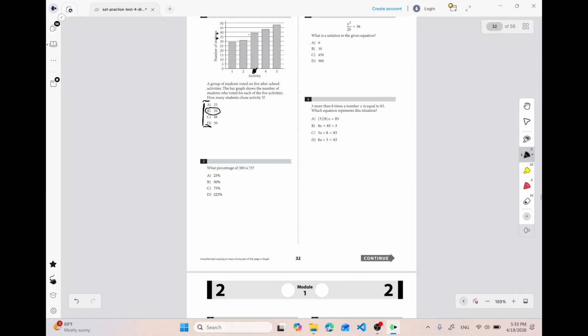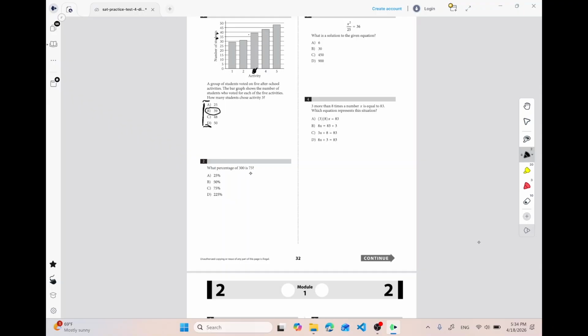Number 2, what percentage of 300 is 75? So we can solve this by setting up a proportion, which means we set one fraction equal to another fraction with an unknown, and then we solve for the unknown.